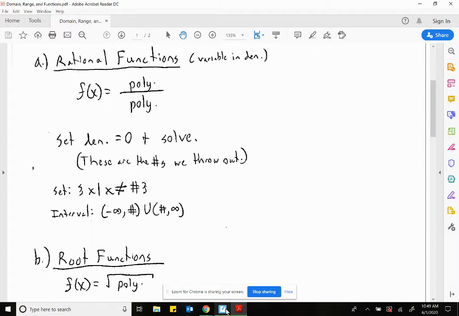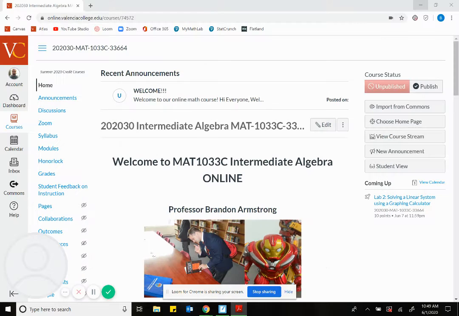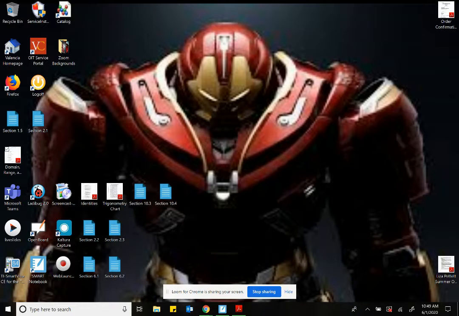The reason why we set our denominator equal to 0 is because whenever you have a rational or a fraction, if you take a number divided by 0 in the calculator, your calculator will give you an error. Just to show you, let's bring up the calculator for this class. It's loading.